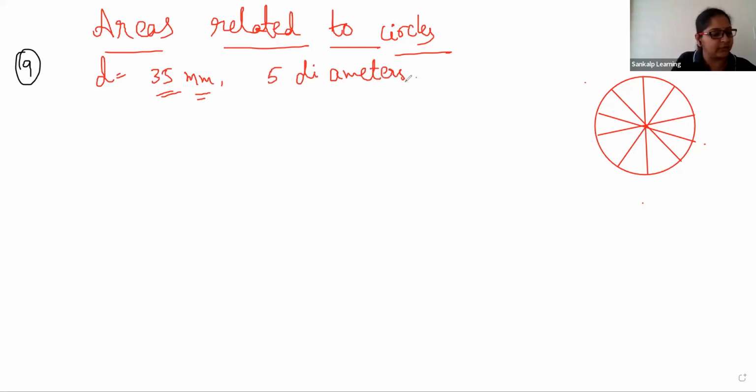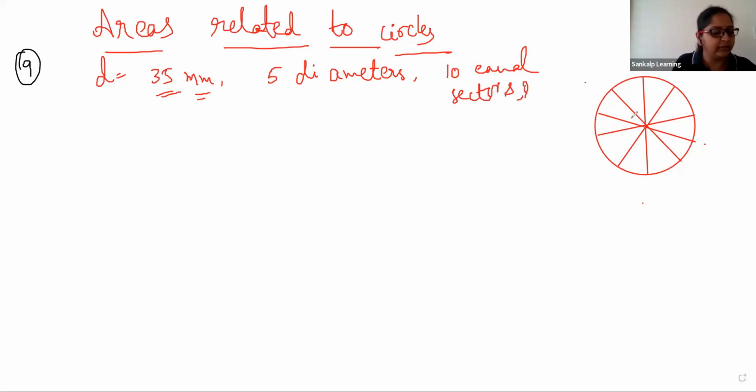5 diameters are in the figure, and there are 10 equal sectors in the figure.